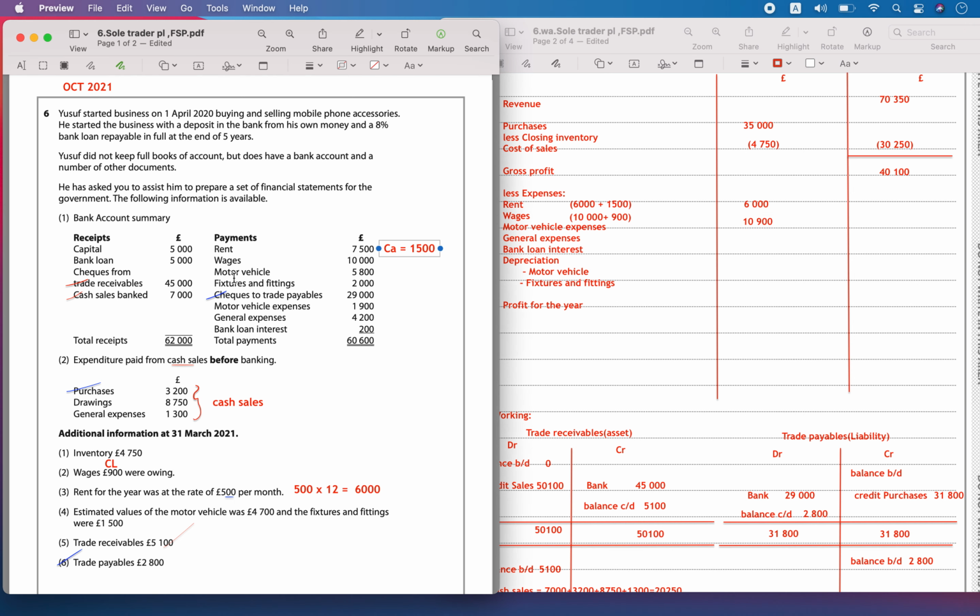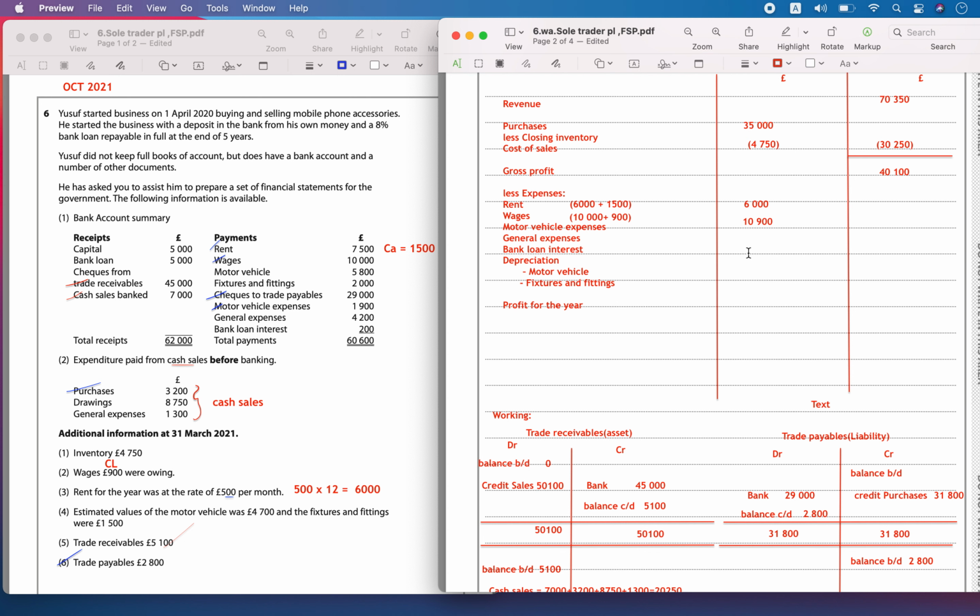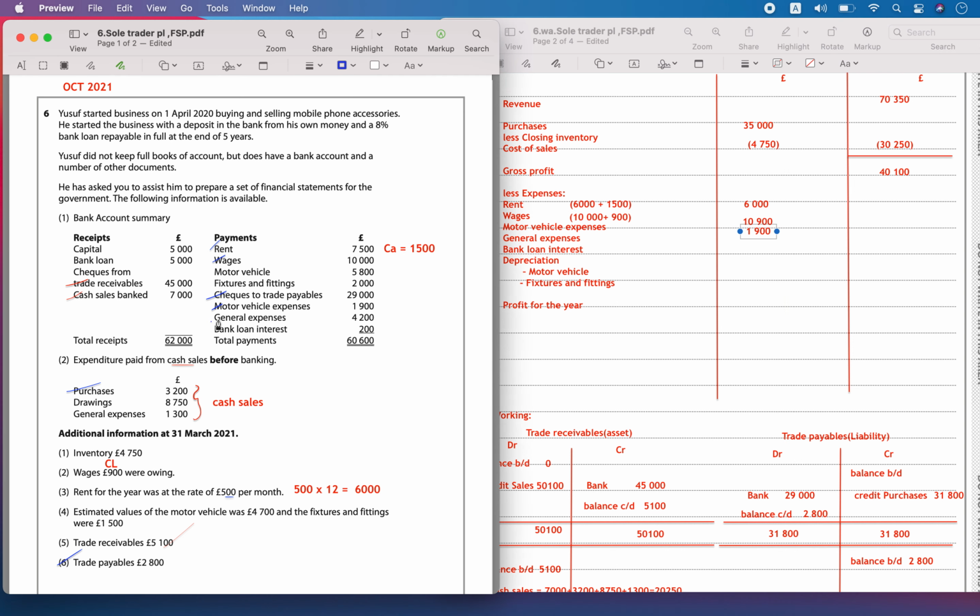and then you have motor vehicle expenses. Okay, motor vehicle expenses, we can see that 5,800 was the expenses, sorry, that is motor vehicle cost. Motor vehicle expenses were 1,900. And then you have general expenses.